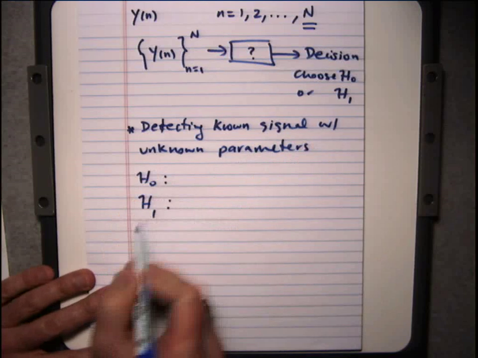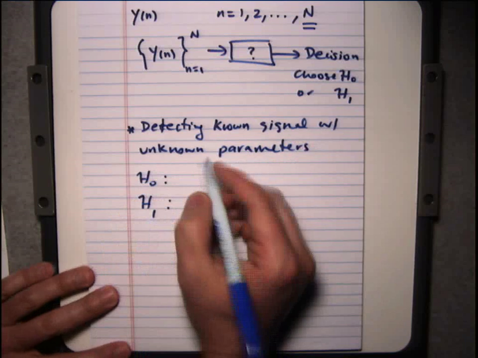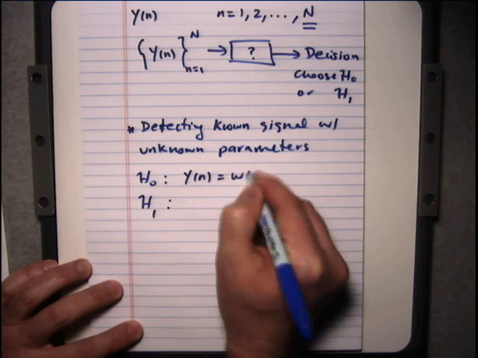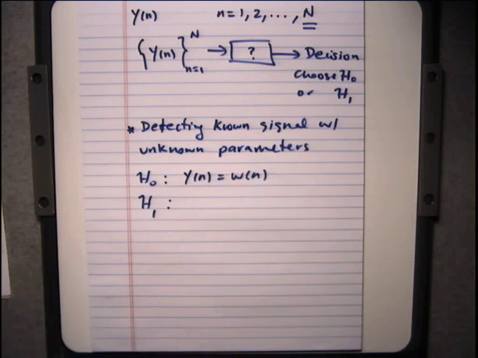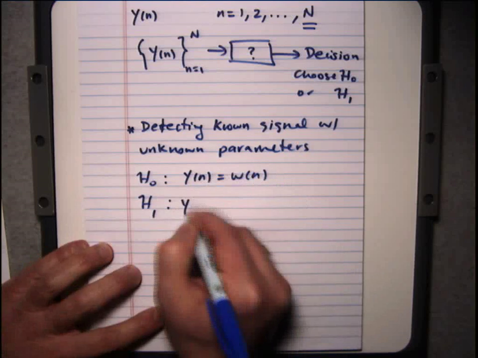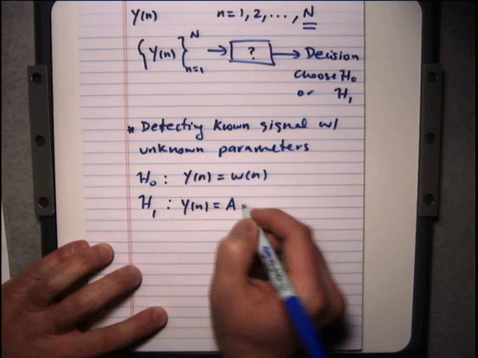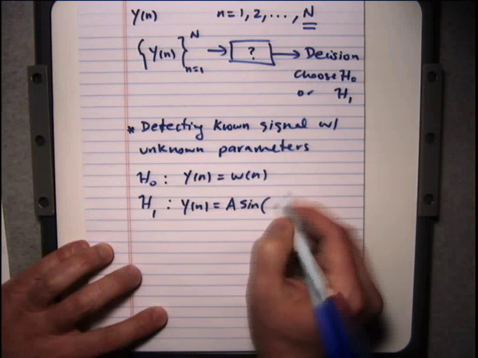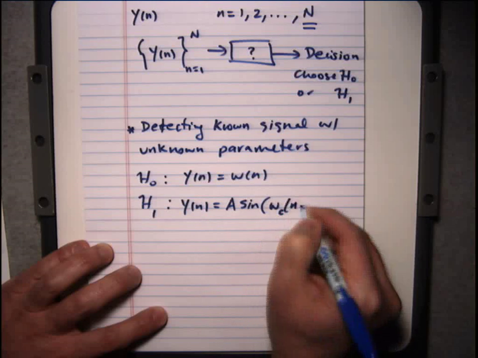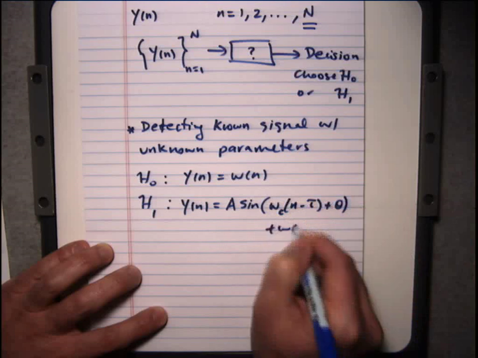Here signal is absent, here signal is present. When the signal is absent, I just measure noise. And when the signal is present, let's say I measure something much more complicated: some constant A times sine of the following, n minus tau plus theta, plus noise.